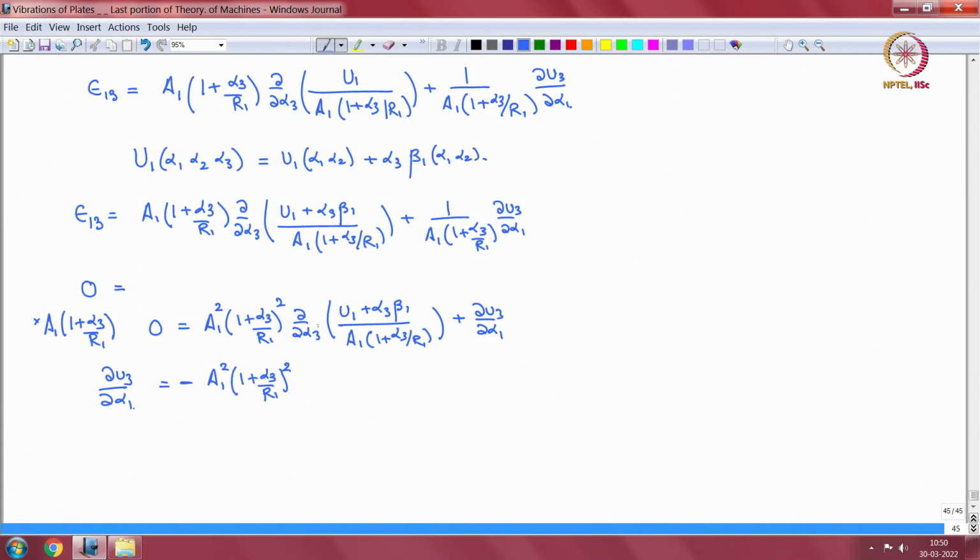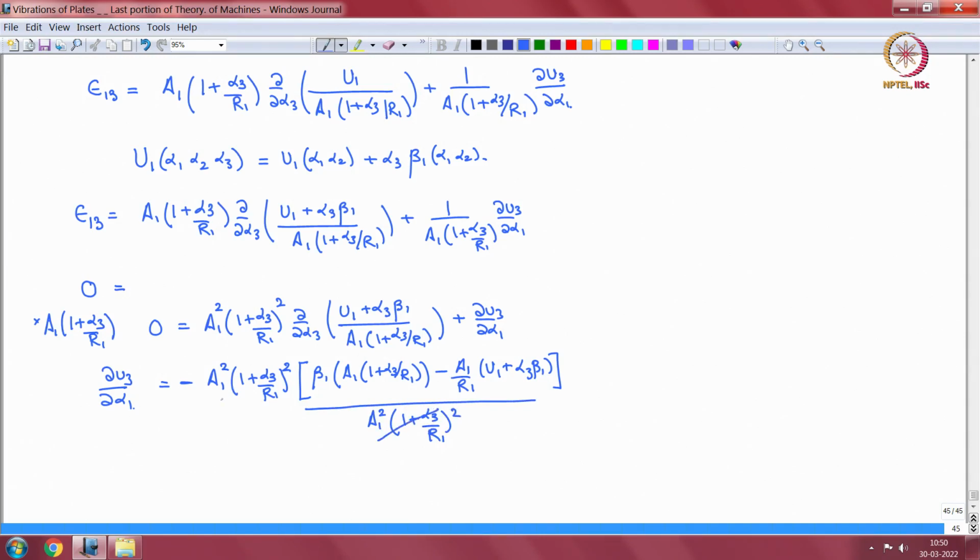Then del alpha 3 of the numerator gives me beta 1 into the denominator A1 (1 plus alpha 3 by R1), minus the derivative of the denominator, which is A1 by R1, into the numerator, which is U1 plus alpha 3 beta 1, over the square of the denominator.